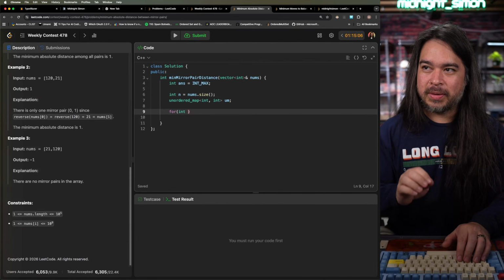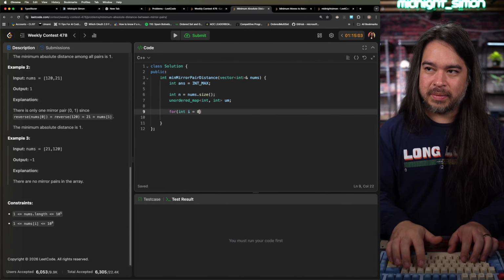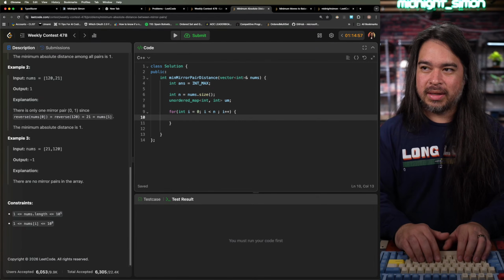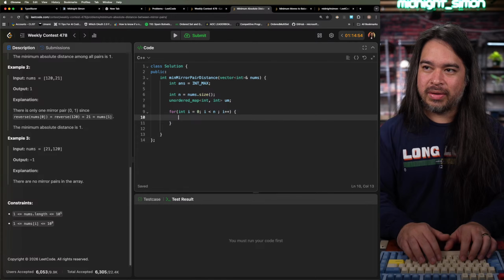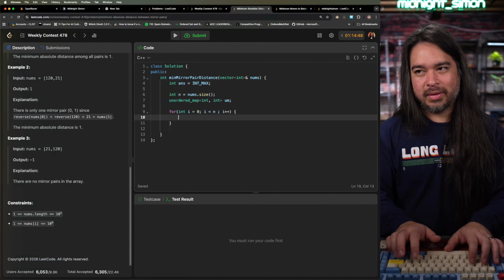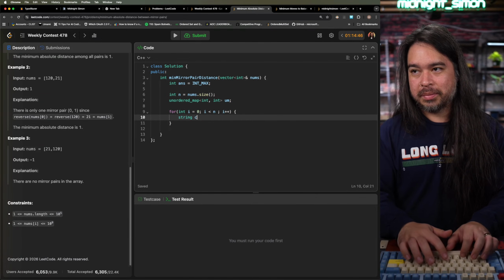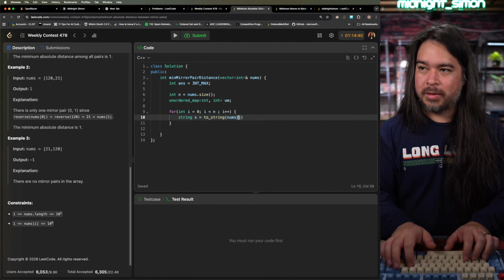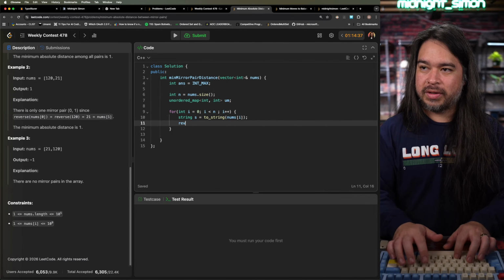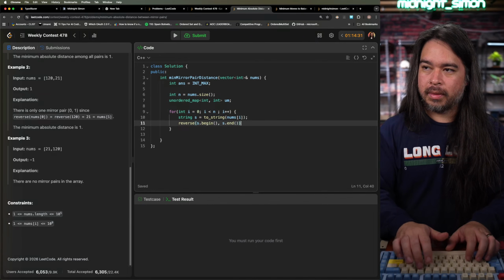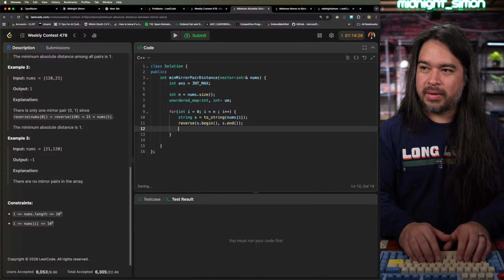So what am I doing? I'm iterating over every index in this vector, and I'm saying I'm gonna find the reverse. So the string is nums[i], and then reverse it, and then we put it back to an int, and I'm going to call that target.